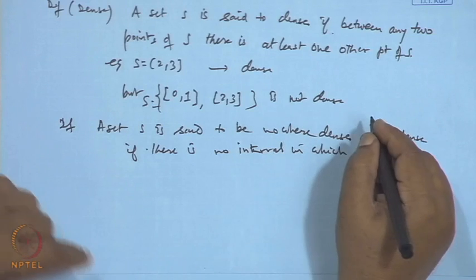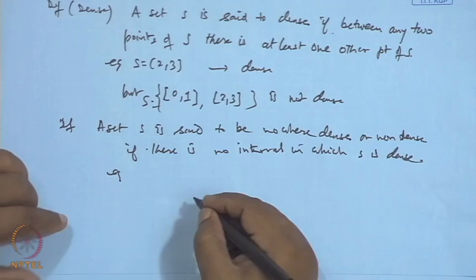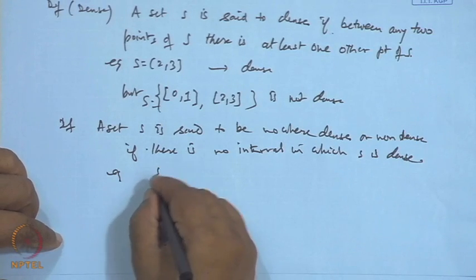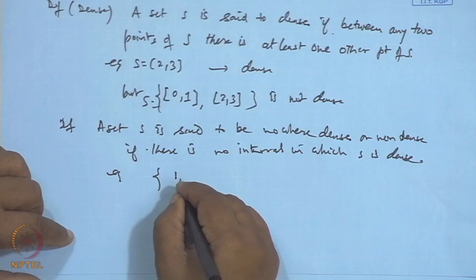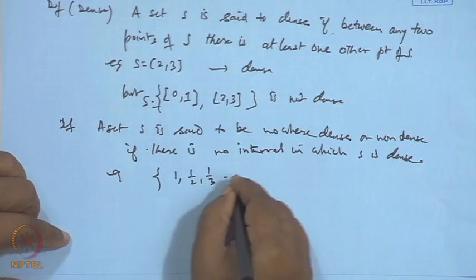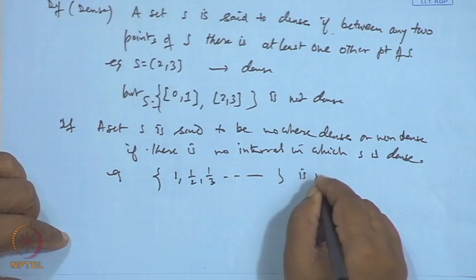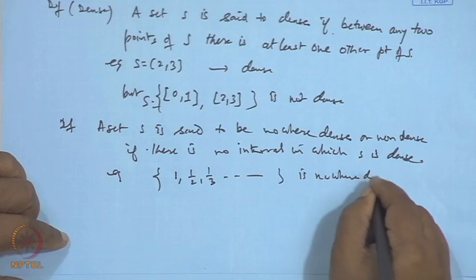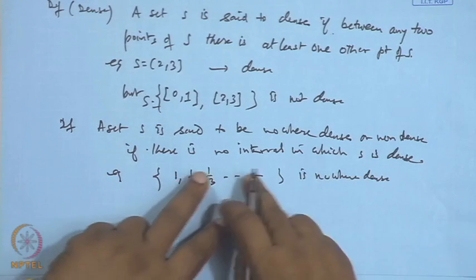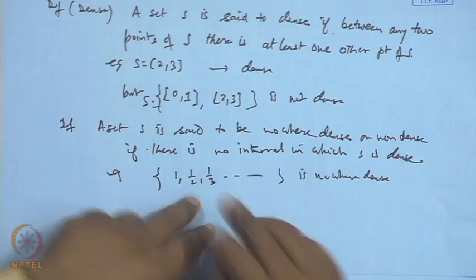For example, if we take the set of the numbers 1, 1 by 2, 1 by 3, and so on, this collection is nowhere dense, because we cannot get an interval in which it is dense.